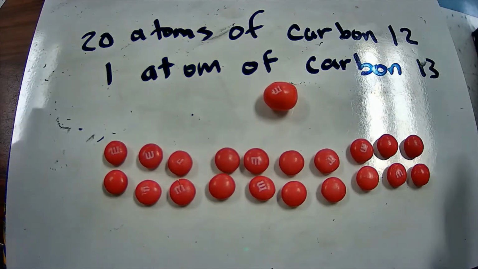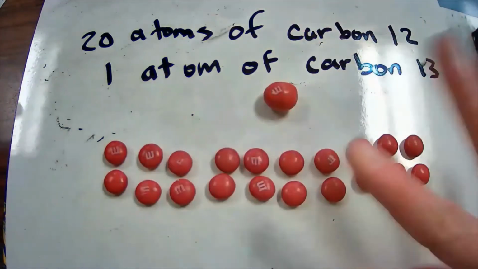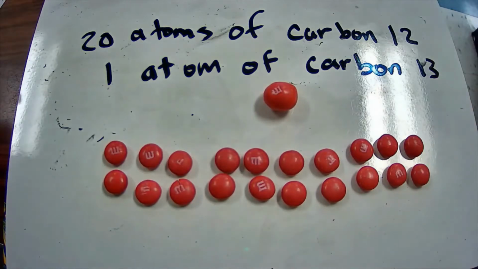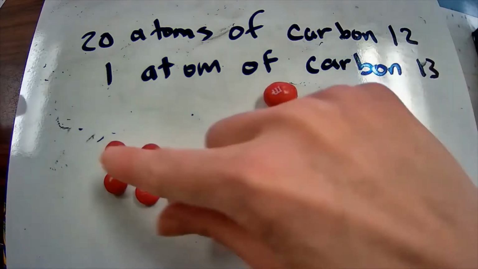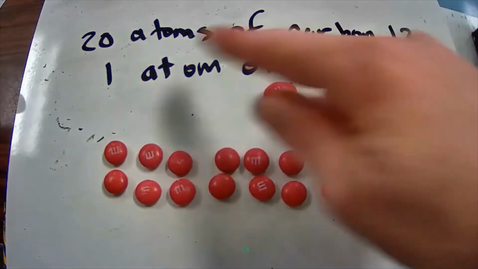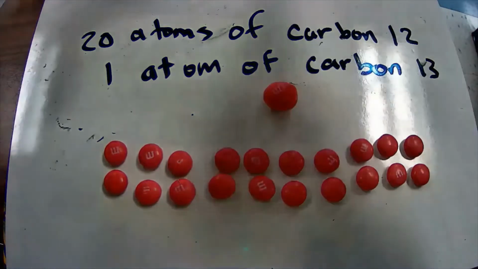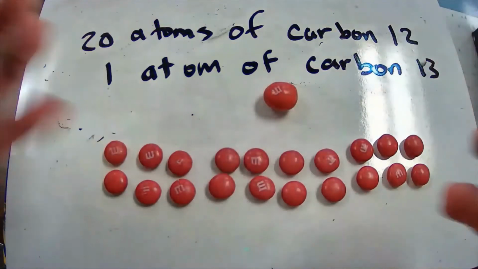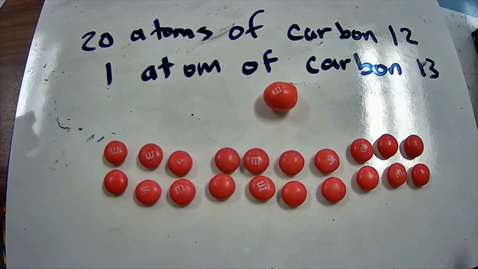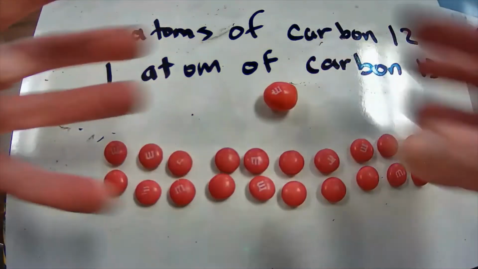So we can use the sample of M&Ms to help us understand why the average atomic mass on the periodic table is a decimal. In this sample, we had 20 atoms of carbon-12 and 1 atom of carbon-13. This would represent, like, I just randomly collected some carbon atoms from the environment. What is the average mass of these?